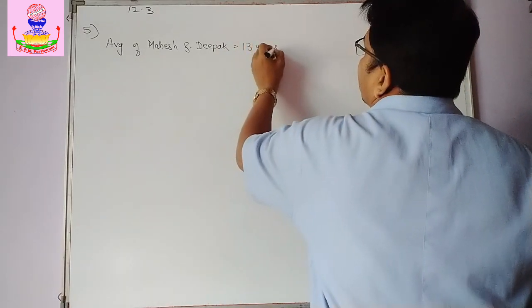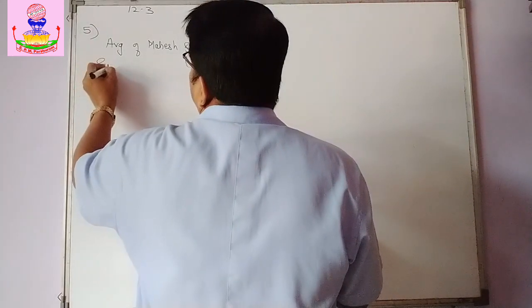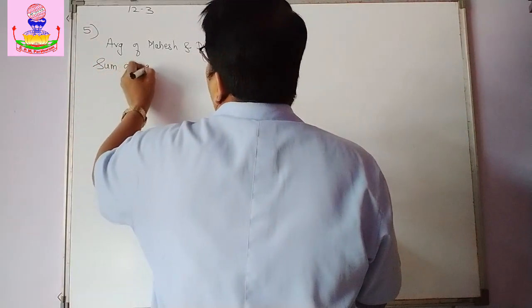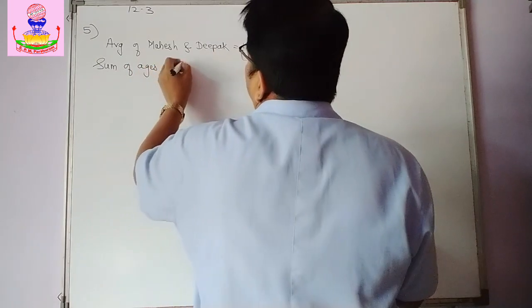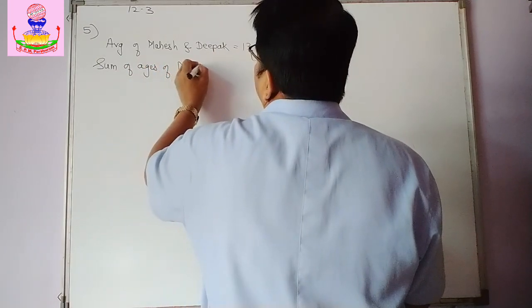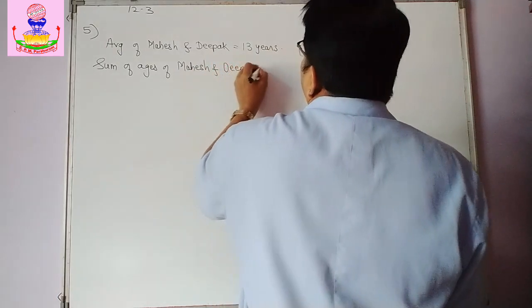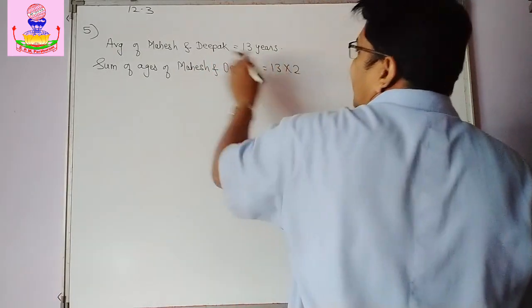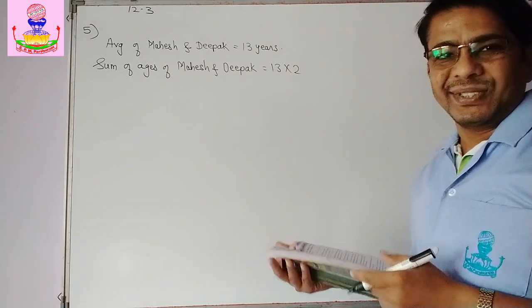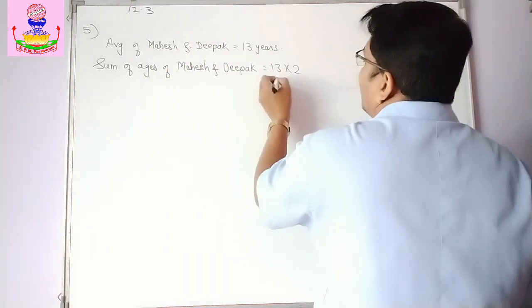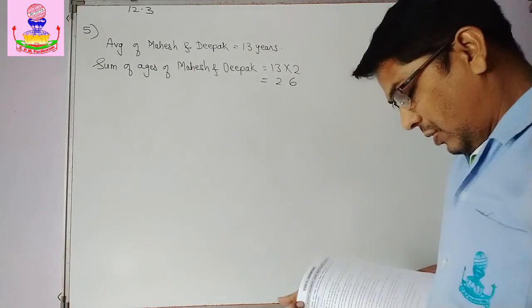That is their average age. Okay, can I get the sum of the ages? Sum of ages of Mahesh and Deepak, what will it be? 13 into 2. Why 2? Because there are two people, two students. So 13 2s are 26.